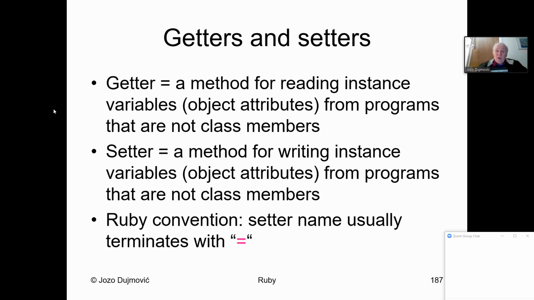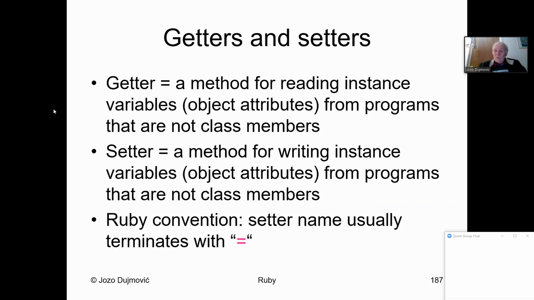However, if you have a main program, then you want to have also the possibility to access instance variables, but you cannot do that because this is encapsulated, and therefore encapsulation is protecting you from doing internal things with instance variables. Therefore, you need getter and setter. Getter is a method for getting instance variables, object attributes, and setter is a method for writing that, for making instance variables.